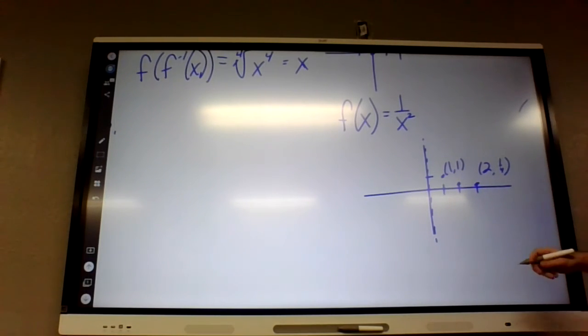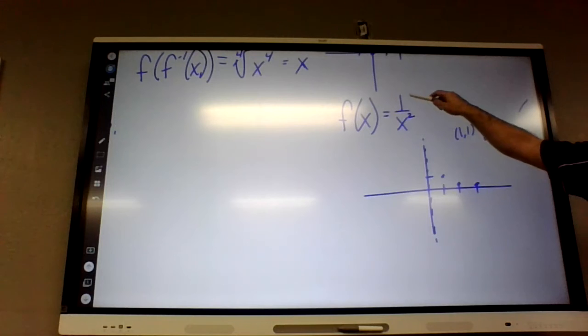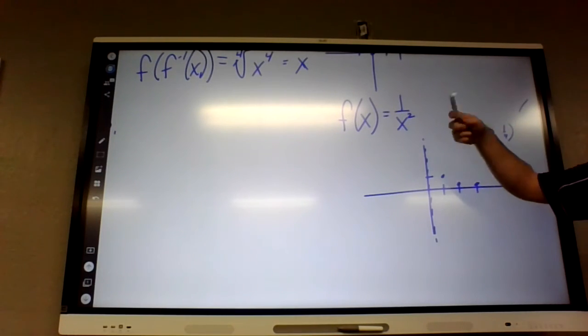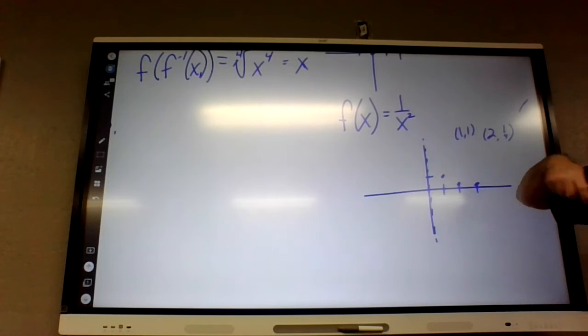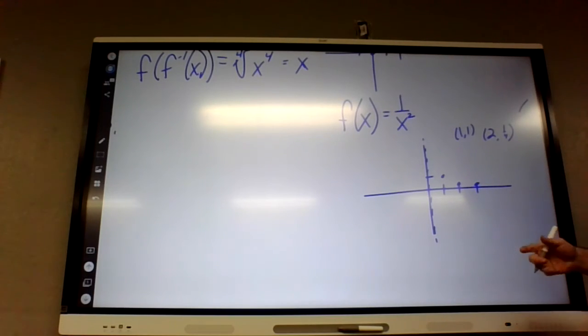Just getting lower. Will it ever reach 0? No. The bigger the number you plug in, like plug in 1,000 and get 1 over a million, it's a tiny number, but it's still more than 0.